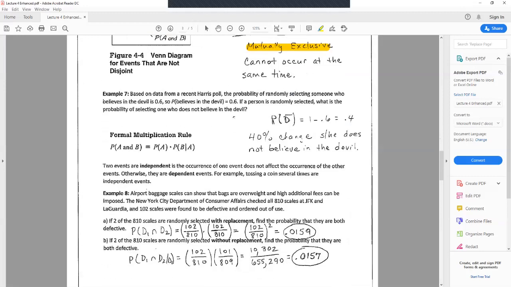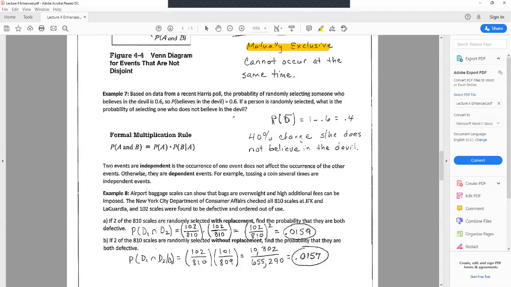Example 7. Based on data from a recent Harris poll, the probability of randomly selecting someone who believes in the devil is 60%. If a person is randomly selected, what is the probability of selecting one who does not believe in the devil? Well, this goes back to what we said earlier about the complement.